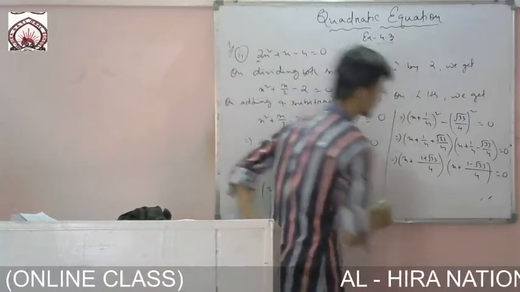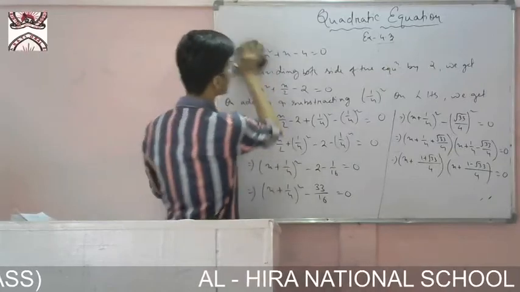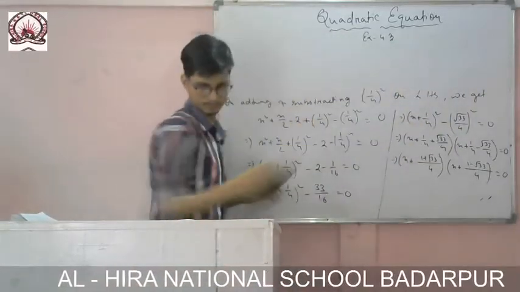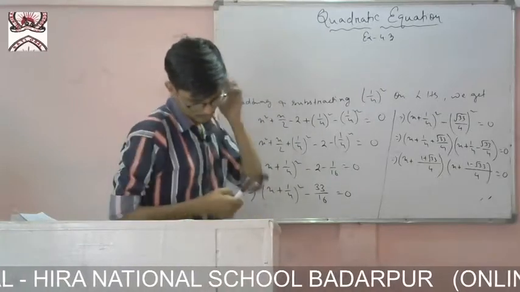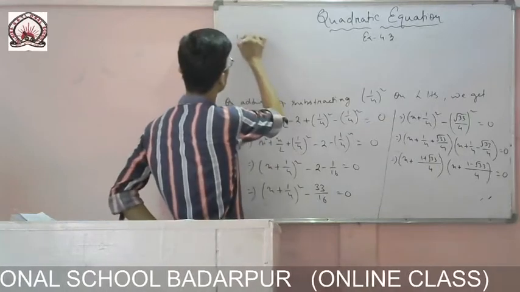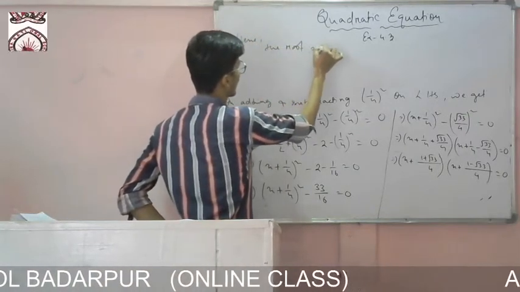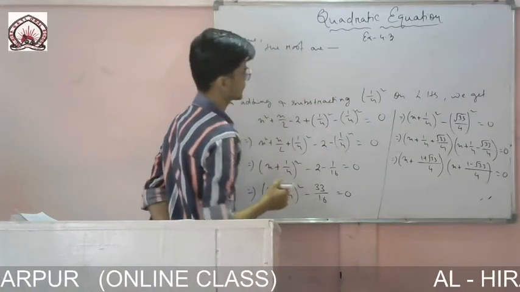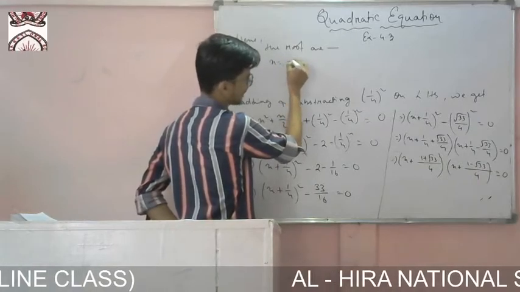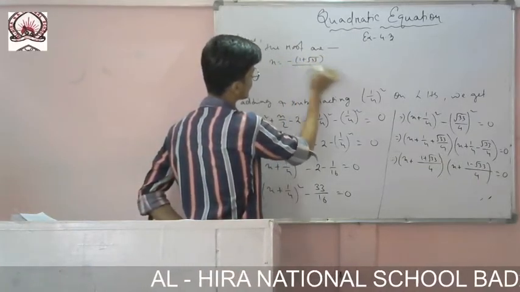So hence the roots are: one will be x equals minus 1 plus root 33 by 4.